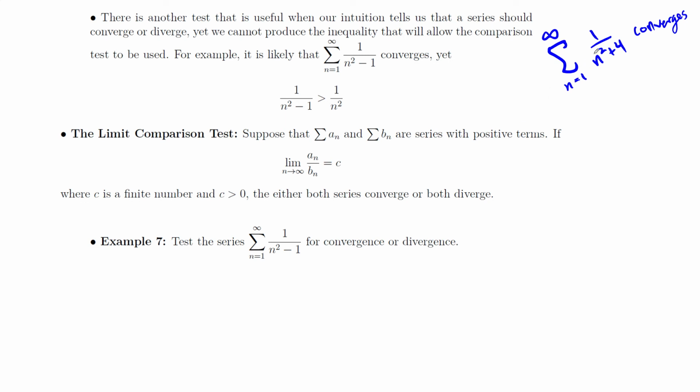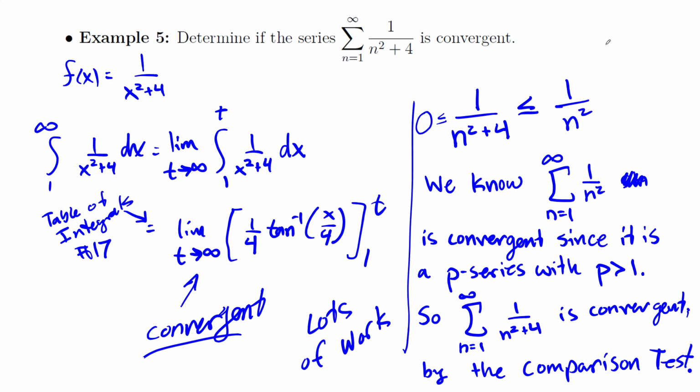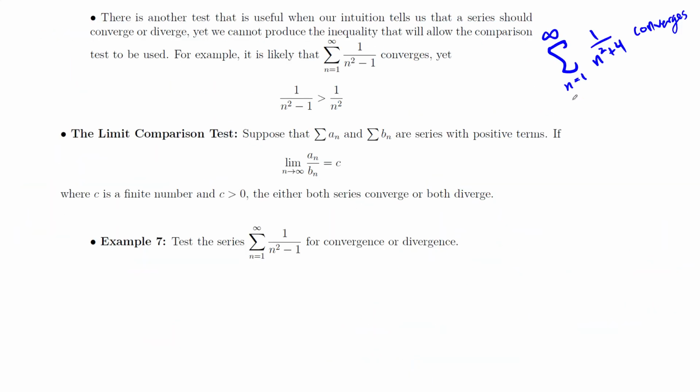But the thing that allowed us to use the comparison test here was the fact that when you're adding something to the denominator, that's always going to be smaller than or equal to than if that addition wasn't there, right? So to use the comparison test to show that this converges, we would have to be able to say that it is smaller than or equal to some simple thing like a p-series.